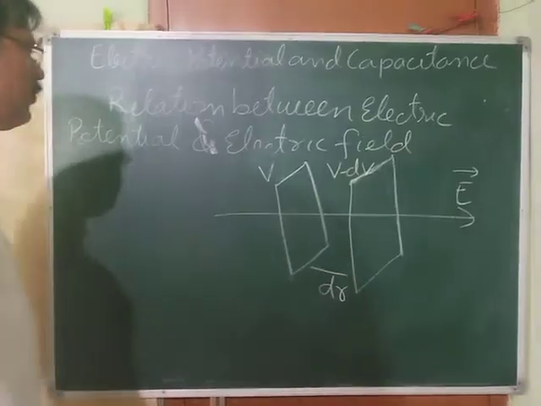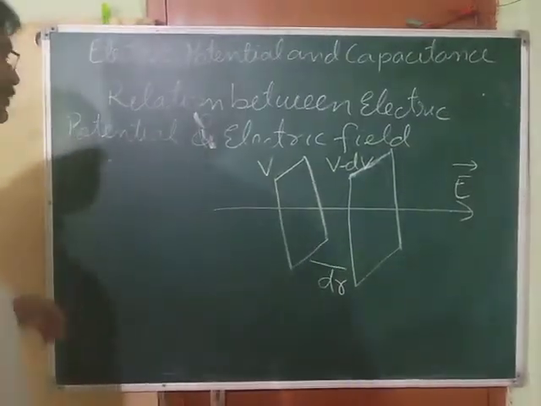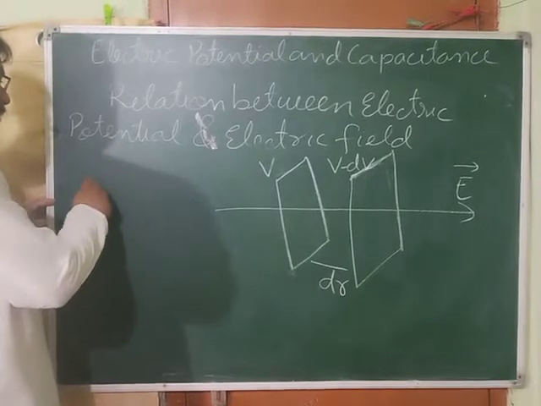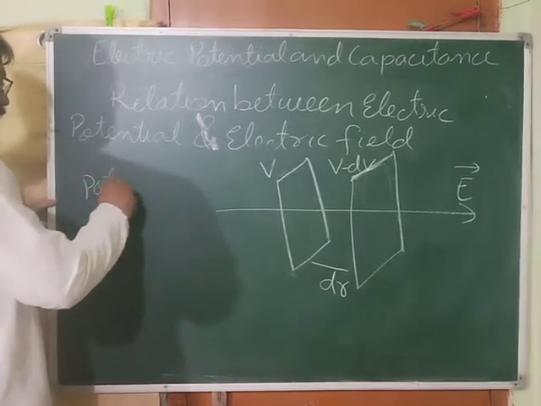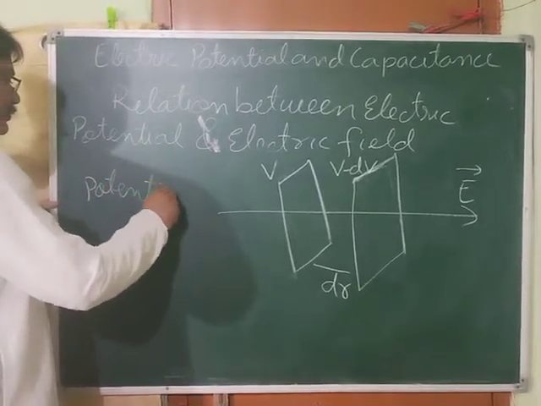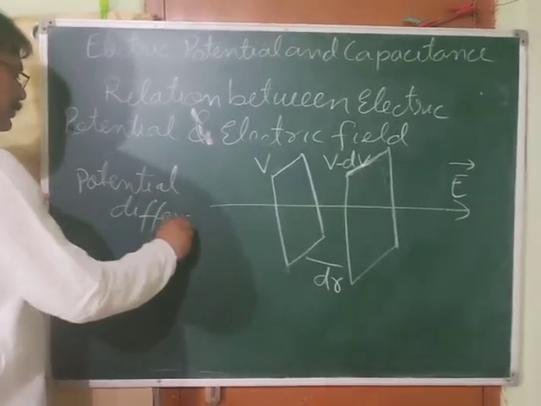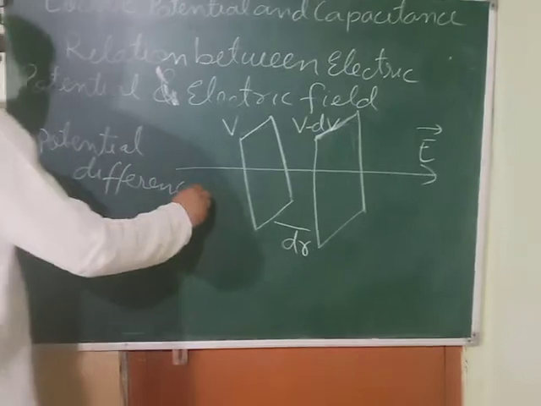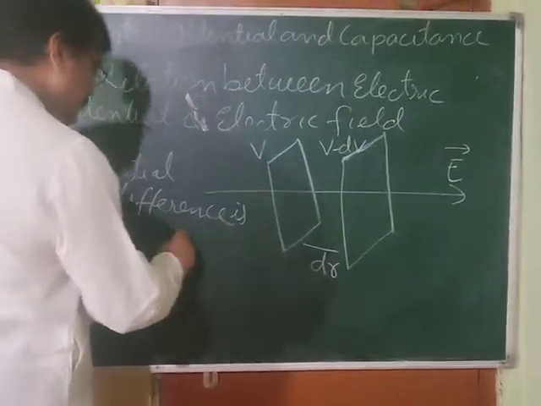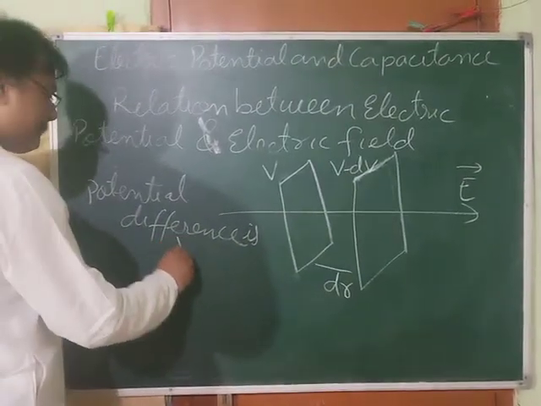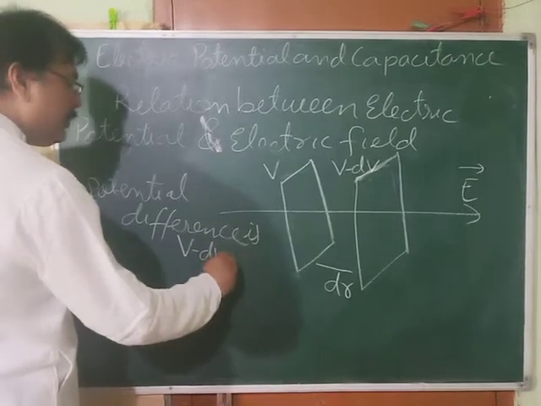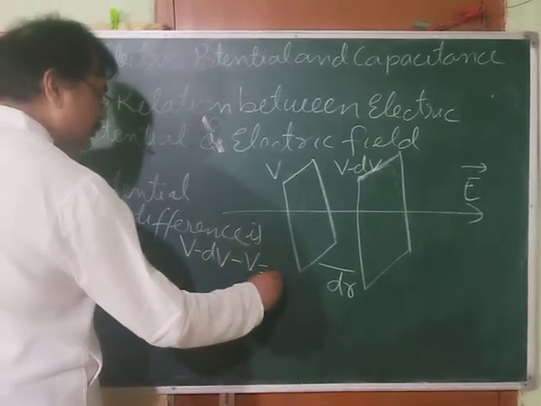Now what is the potential difference between these planes? The potential difference is V minus dV minus V, and that is how much?